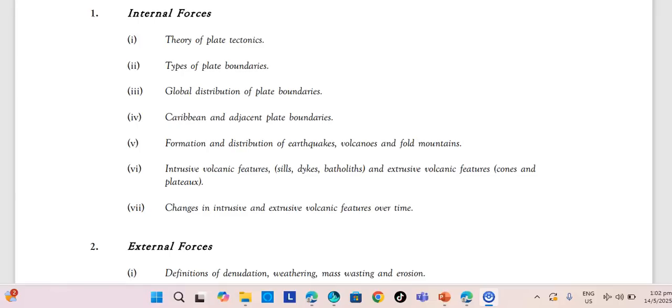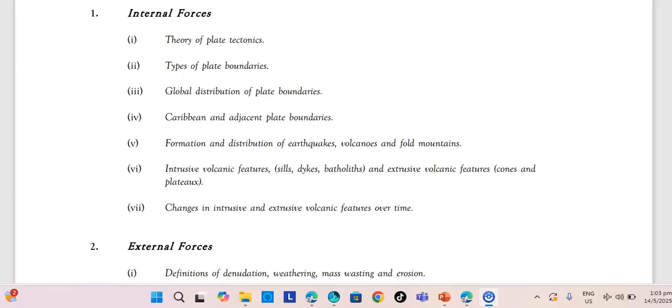In divergent boundaries, the plates are pulling apart. For example, Montserrat and St. Vincent are in the Caribbean, and we know that these countries have active volcanoes. So we looked at the formation and distribution of earthquakes and volcanoes.